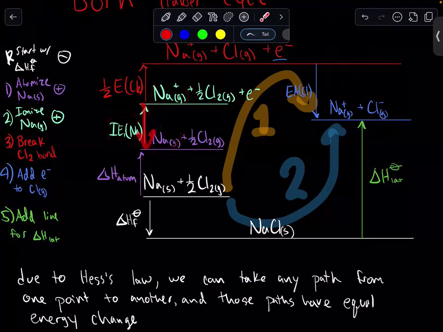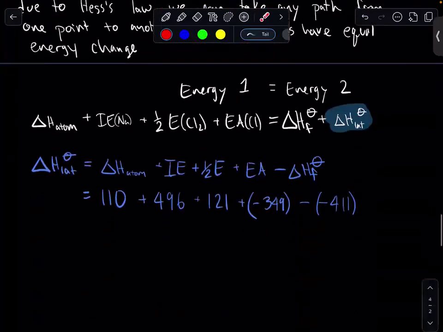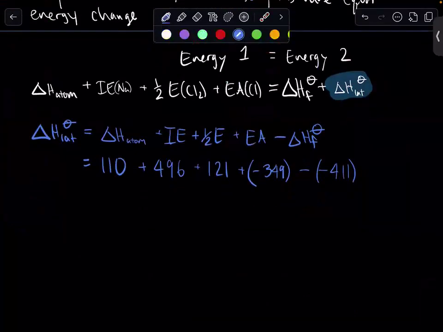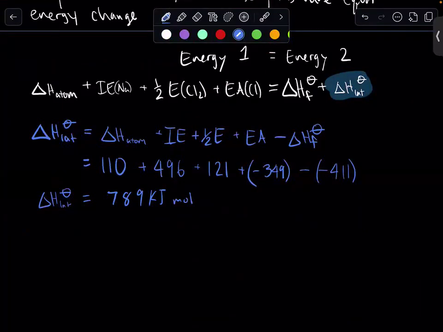If we used a reverse arrow on this, we would be talking about electron affinity. All right. Finally, I plug all these values into my calculator and I get 789 kilojoules per mole for lattice enthalpy. This is how we calculate it. This is how we figure this out when we cannot do an experimental process. We use Hess's law in what we call the Born-Haber cycle.